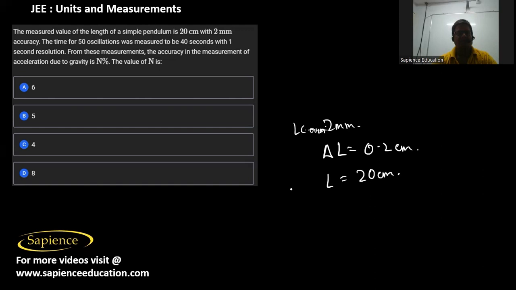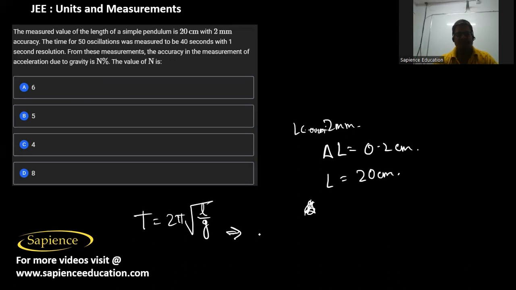The time for 50 oscillations was measured to be 40 seconds with 1 second resolution. The time period that we know is equal to 2 pi root over L by G. From these measurements, the accuracy in the measurement of acceleration due to gravity is n%. Then the value of n is.